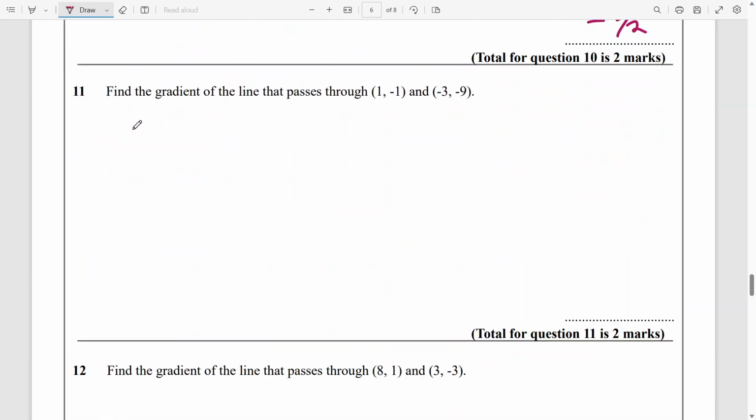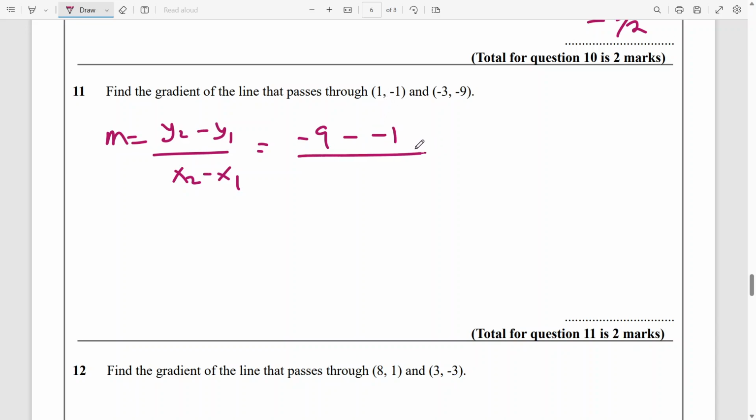For this, again, we want to work out the gradient. Now, the gradient is y2 minus y1, x2 minus x1, and y2 is minus 9. Take away y1, which is minus 1, and x2 is minus 3.